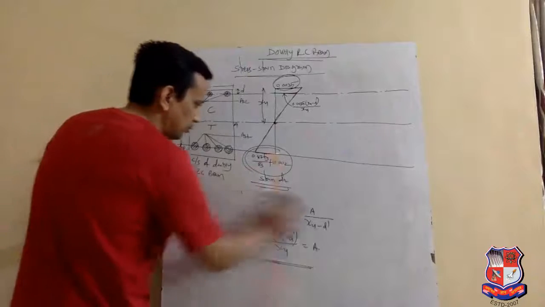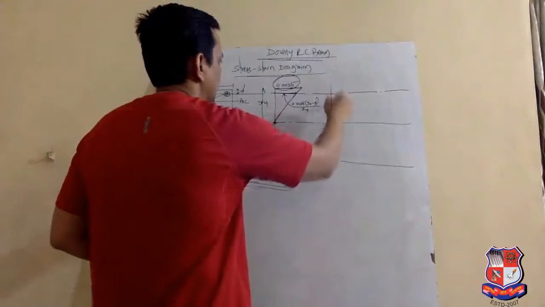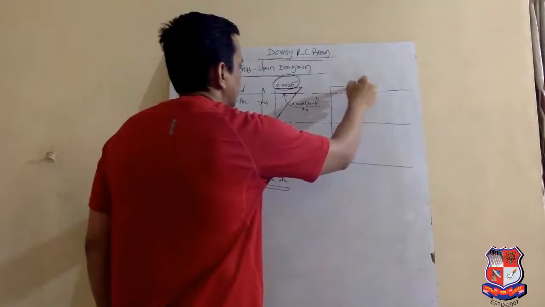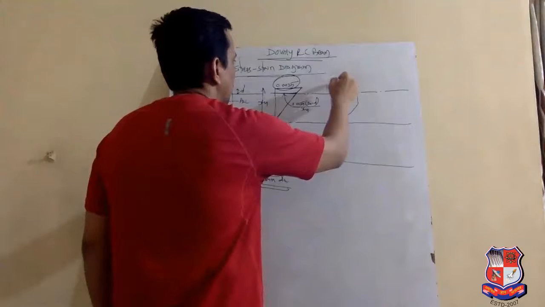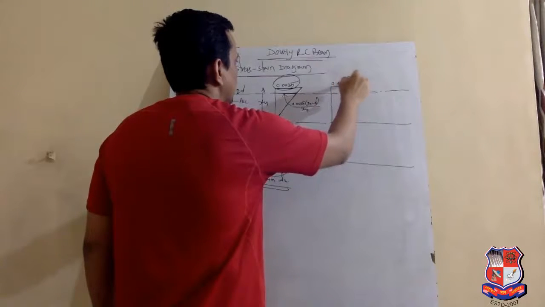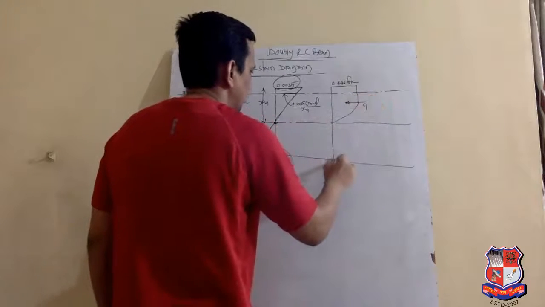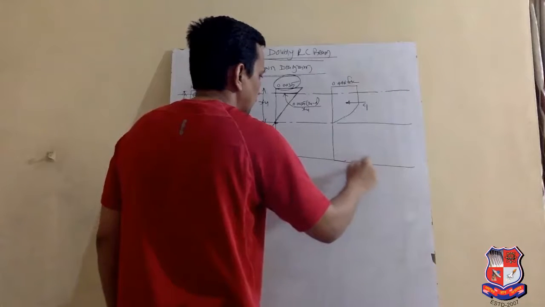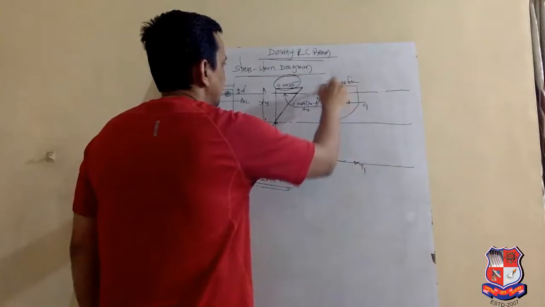Now let's move towards the stress diagram. The stress diagram will be like this. This is 0.446 fck. This will be C1, and this will be T1, and this distance will be 0.42 XU.